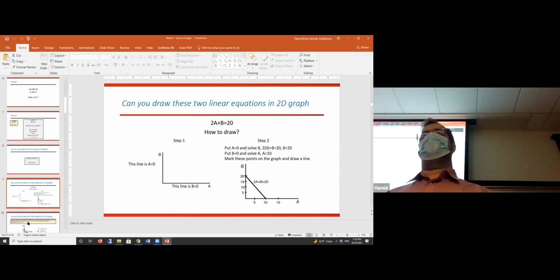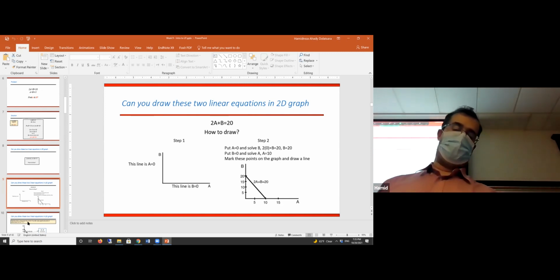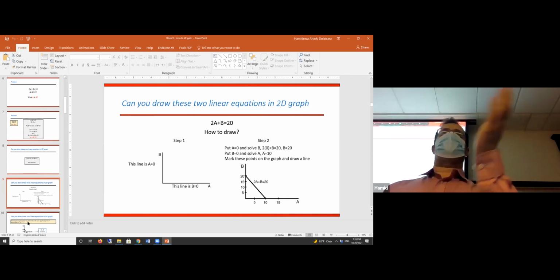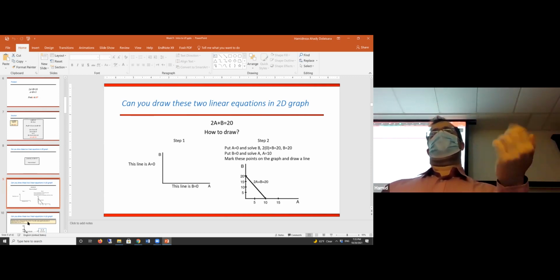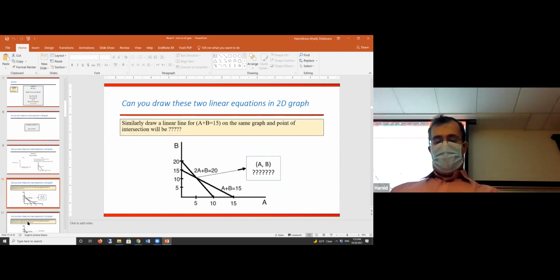Any questions so far? We are just reviewing some high school mathematics, so no worries. Later you will find the association of these equations with the linear program. If you intersect those two lines, you can find the solution.